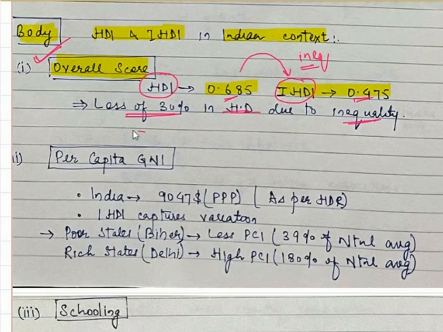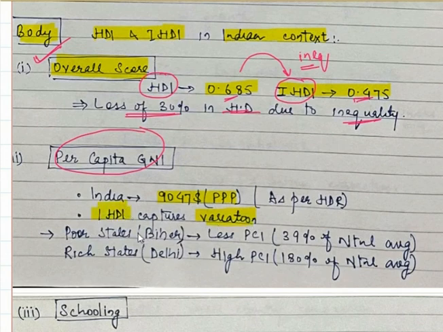So first we come on to per capita income. Look, India's per capita income is $9,000 at PPP exchange rate. But that doesn't mean that complete India, all Indian states, they are having a per capita income of around $9,000. There will be some variation also. And this variation is captured by IHDI.